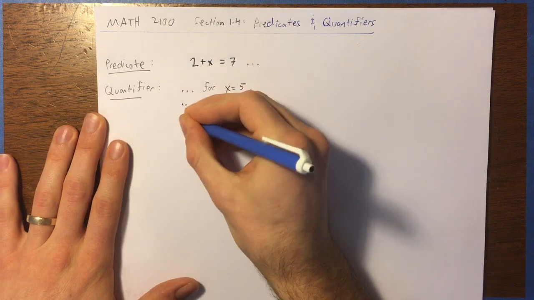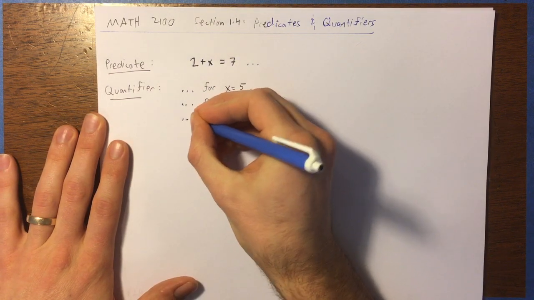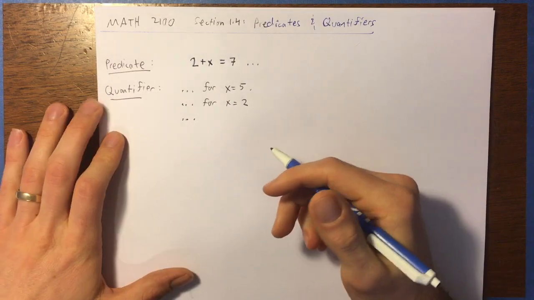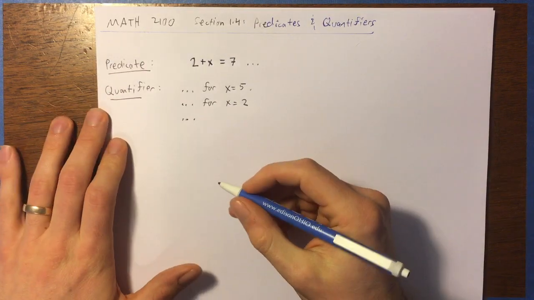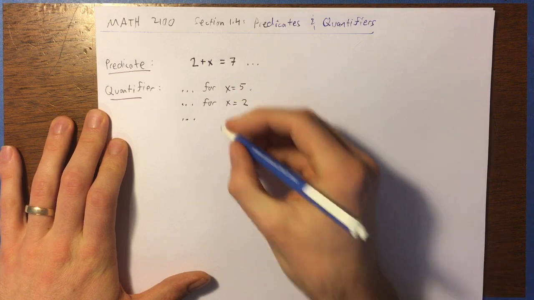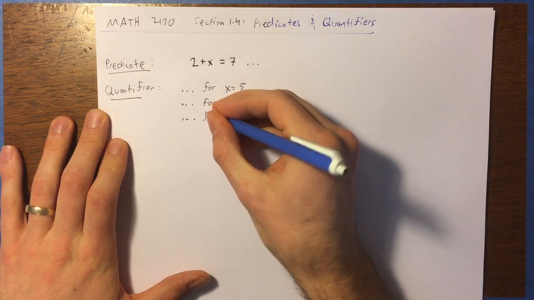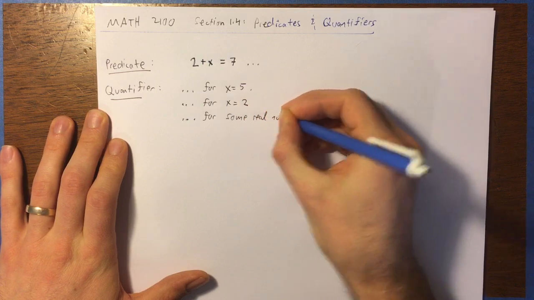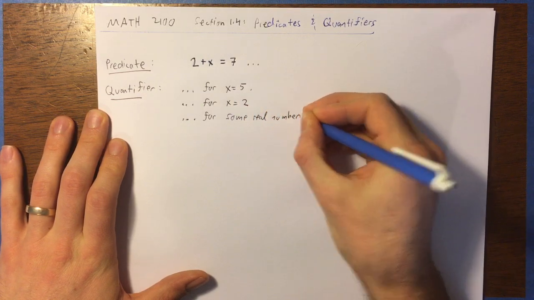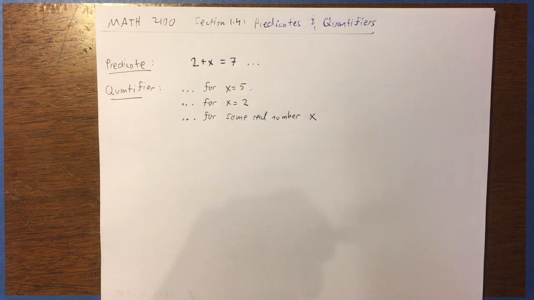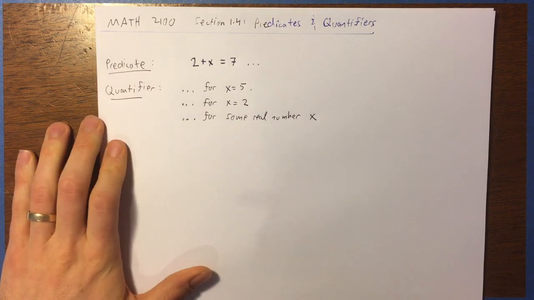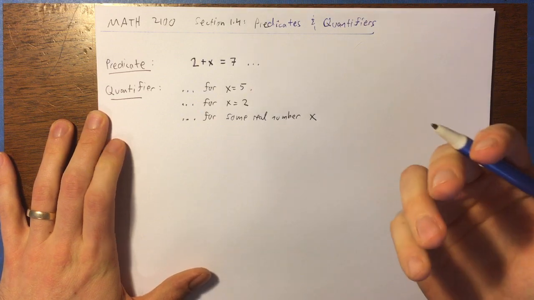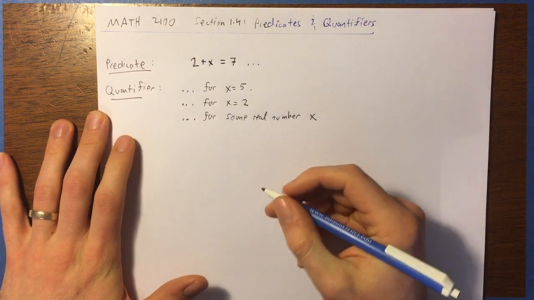Another way to quantify is by capturing a bunch of different x's or stating that some x must exist. So one way we could finish up the statement is to say 2 plus x equals 7 for some real number x. That's like claiming that some solution to this equation exists, but not specifying what it is. That would still make it a valid proposition.